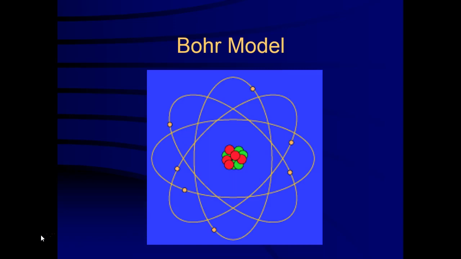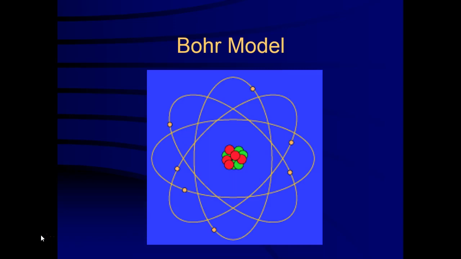The other thing that's different between a true atom and our Bohr model is that the electrons are in specific orbits around the nucleus. They're not so much like a particular cloud like you see here. These small orbits are called orbitals.